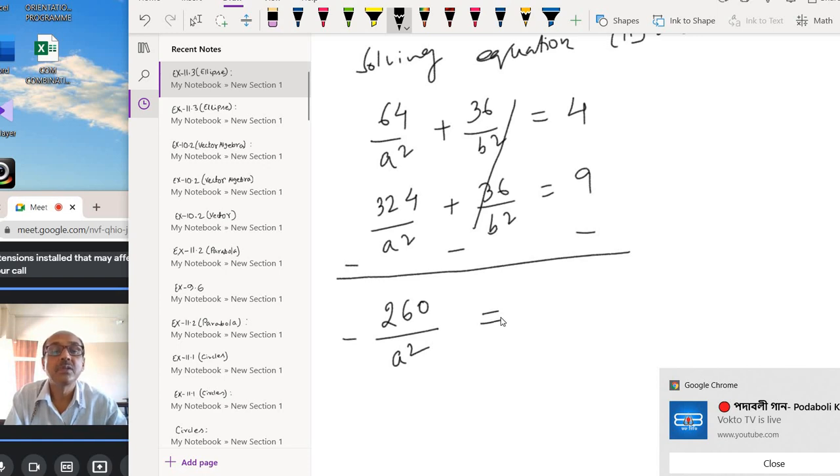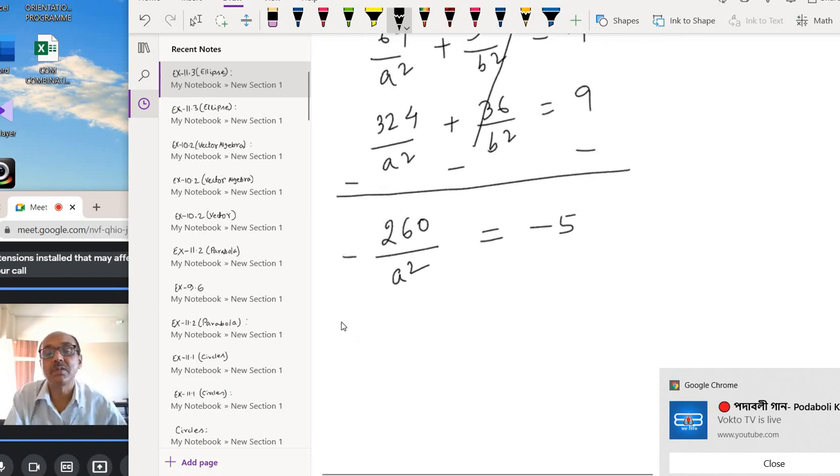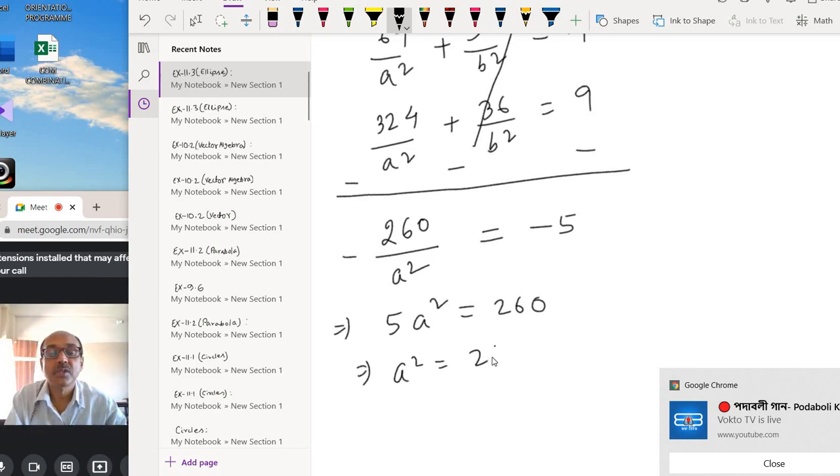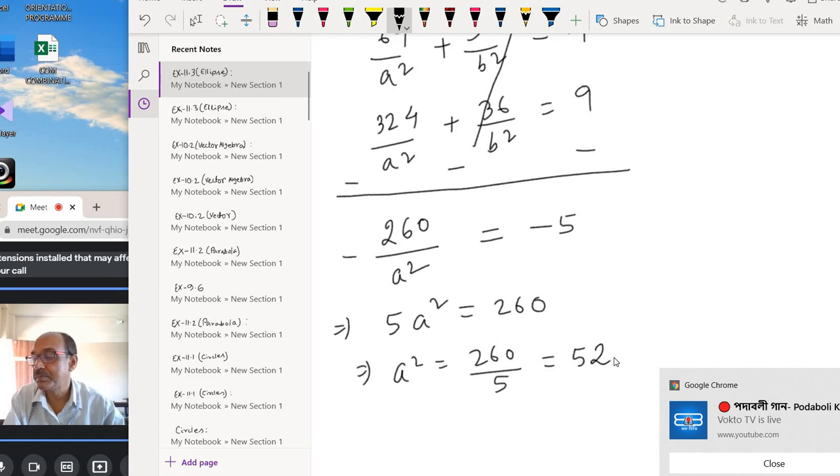This equal to 4 minus 9, minus 5. Now both side minus sign will be cancelled. Then 5 a square equal to 260. Then a square equal to 260 by 5 equal to 52.